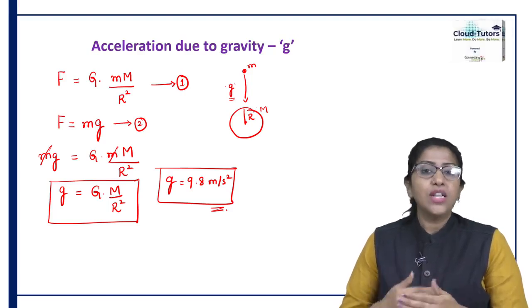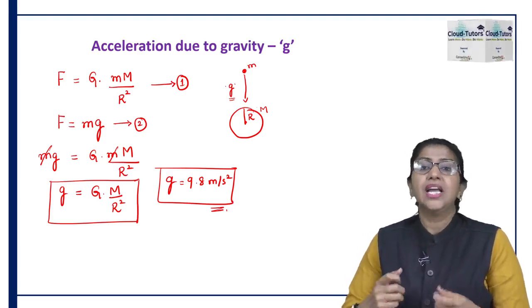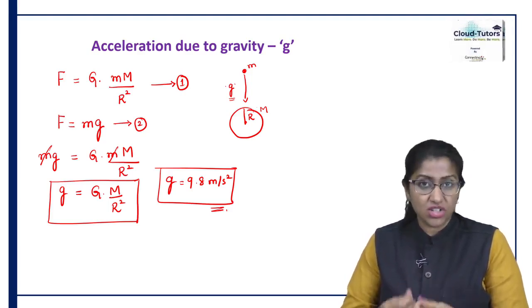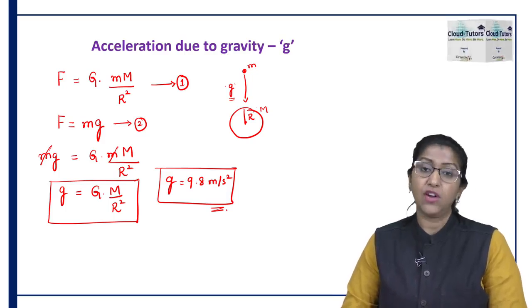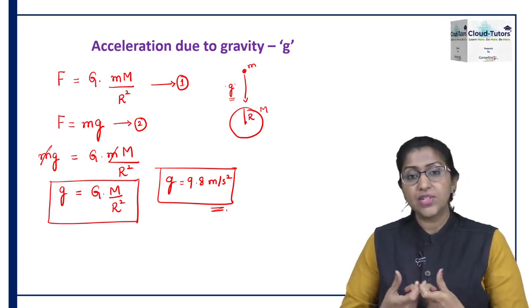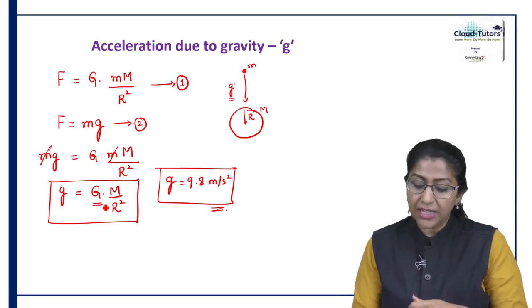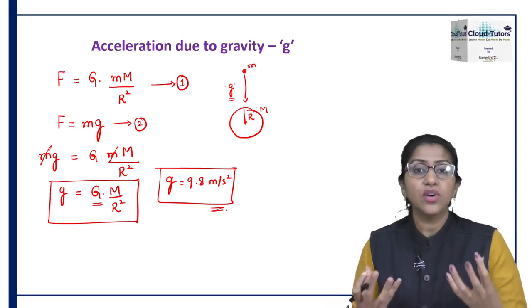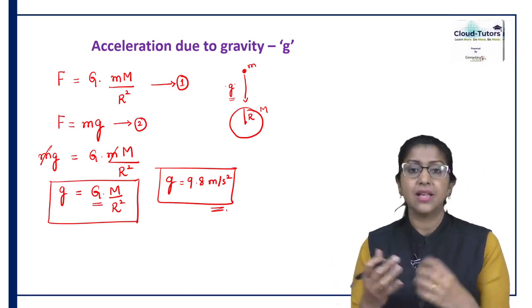We also deduced a relationship between acceleration due to gravity small g and the universal gravitational constant capital G. We also understood the physical meaning of capital G, that is universal gravitational constant. It is numerically equal to the force of attraction between two unit masses separated by a unit distance, right?